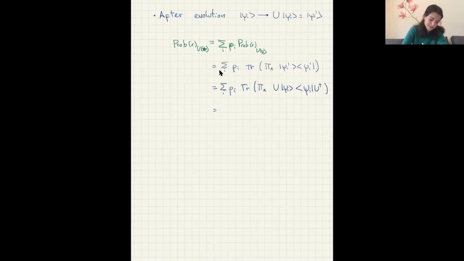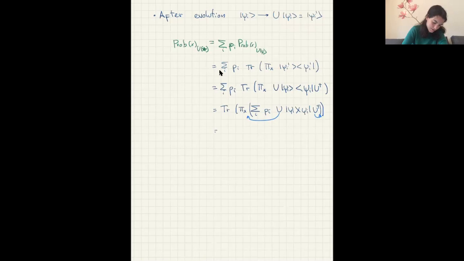And again, this pi_x does not depend on anything, so you get the trace of pi_x, sum over i, p_i, u psi_i u dagger. But now, this u does not depend on i, so we can take u out of the sum, and we can take the u dagger out of the sum as well.